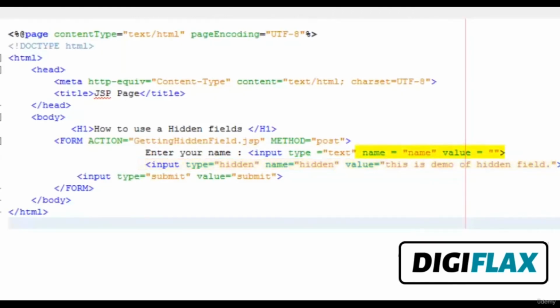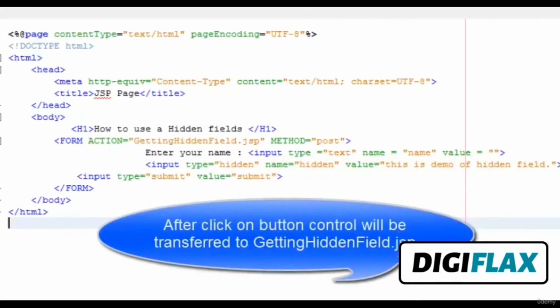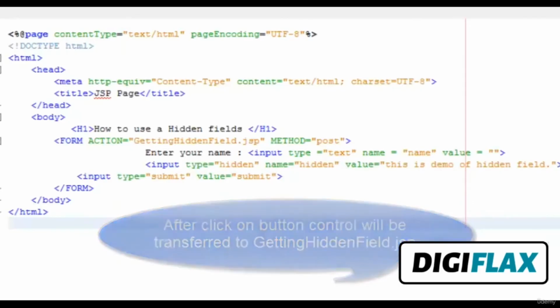Text field name is name and value is set to null. Hidden field name is hidden and value is set to "This is demo of hidden field." When we click on the submit button, the control will be transferred to gettingHiddenField.jsp.